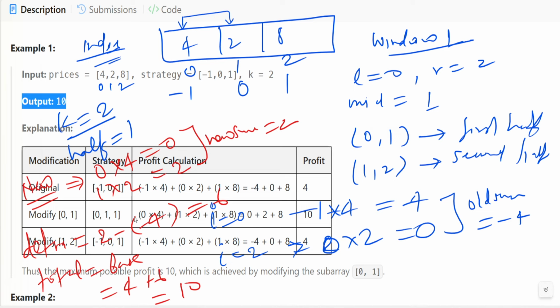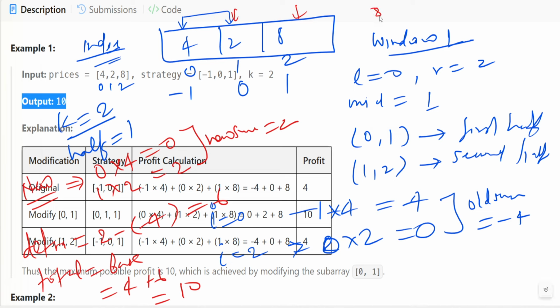Understand? Similarly, if you find window 2, window 2 will start at 1 and go to here. If you observe from here to here, we just multiply with this one. So we'll say 2 into 0 and 1 into 8, so for the window we'll get 8.